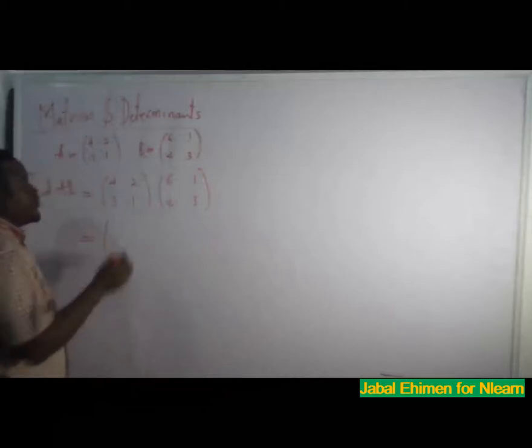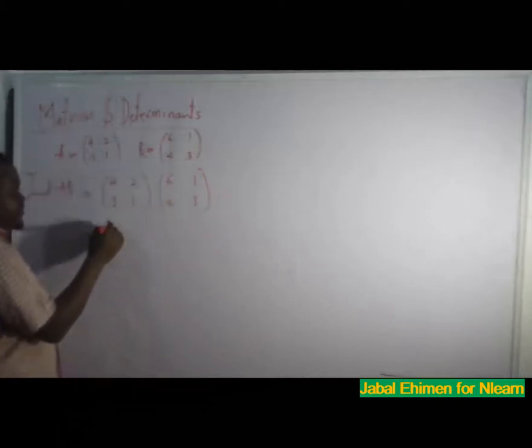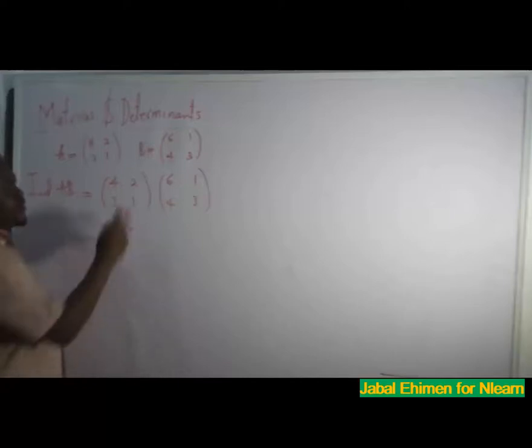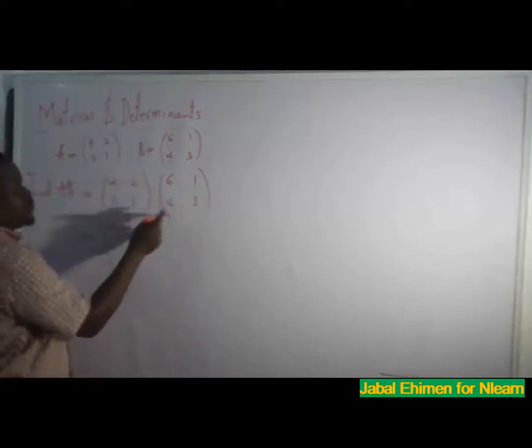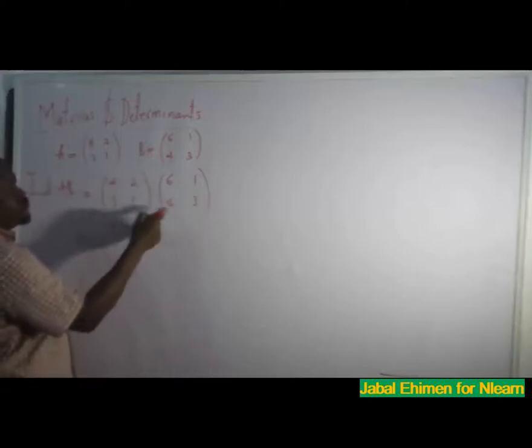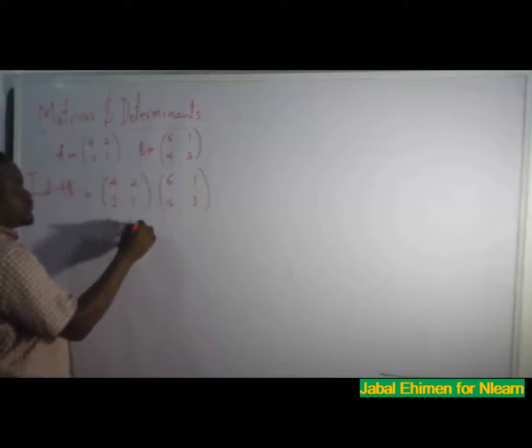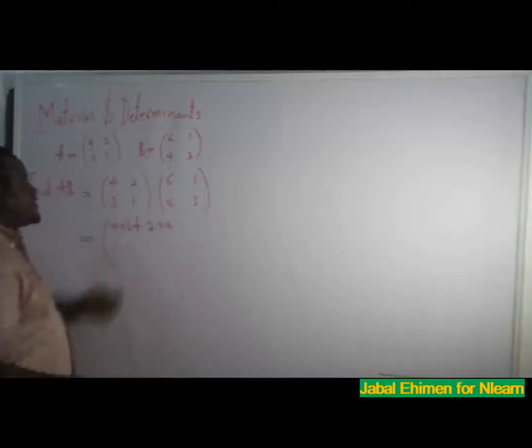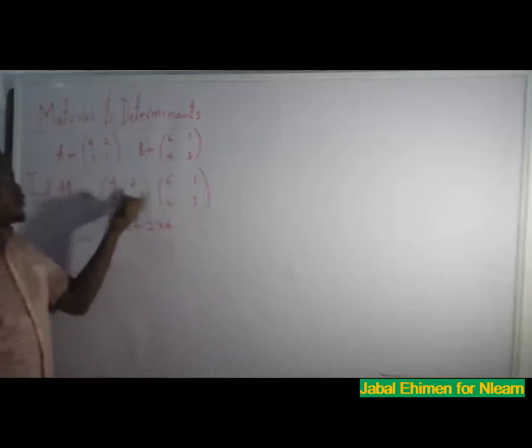Let's start with that. So, that's 4 times 6, plus 2 times 4.